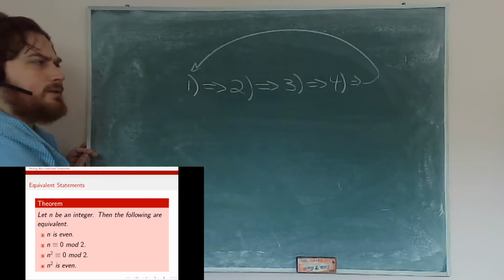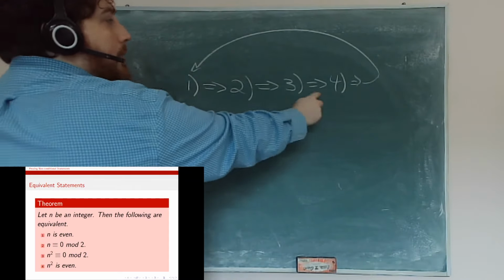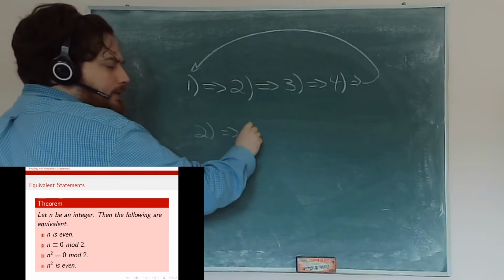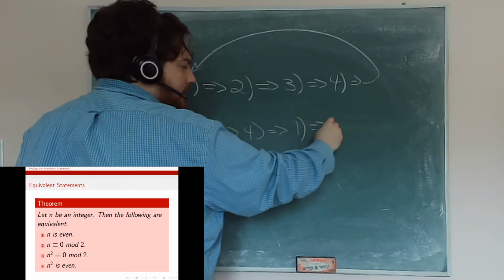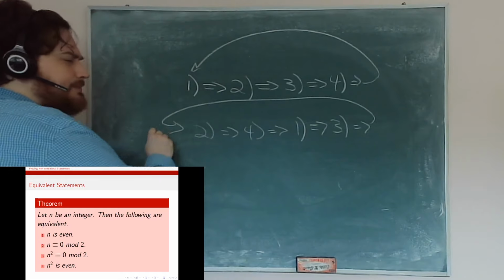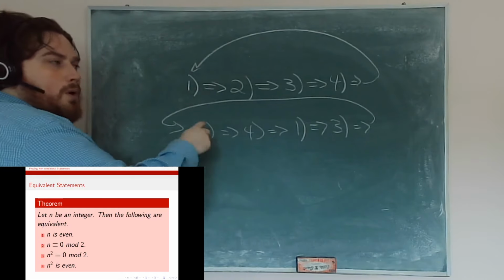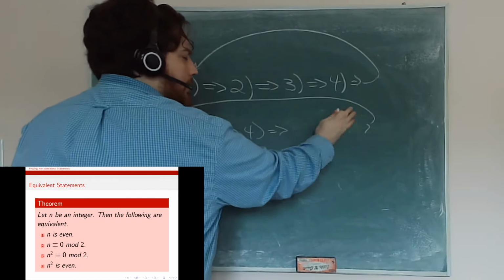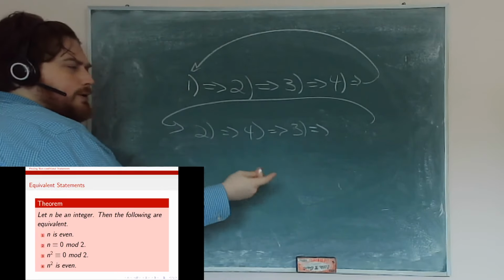Now, I do want to point out that you don't necessarily have to go in this order, 1, 2, 3, 4. You could go 2, 3, 4, 1, or you could go 2 implies 4 implies 1 implies 3 implies 2. But the important thing is that you get a loop that goes through all of the numbers. If you did something like 4 implies 3 implies 2, notice that there's no 1 in there.